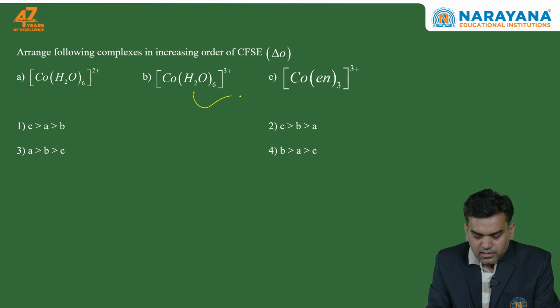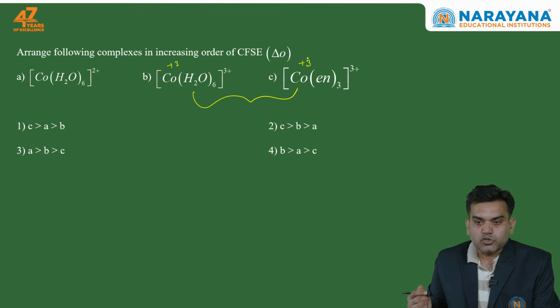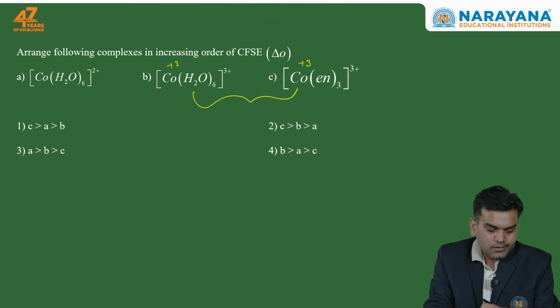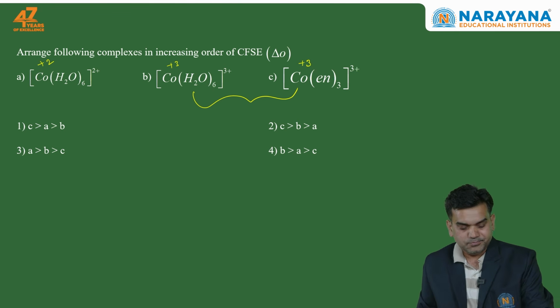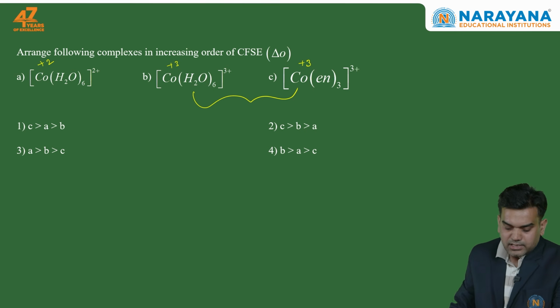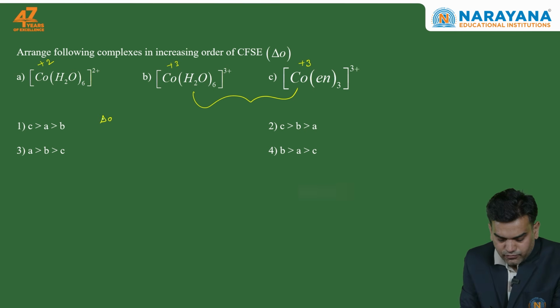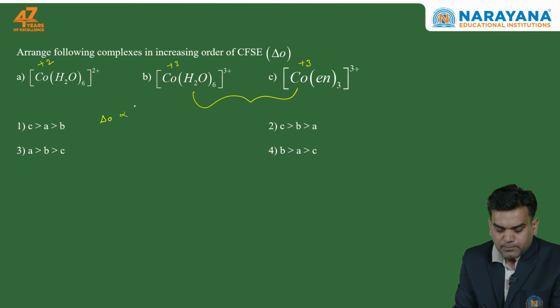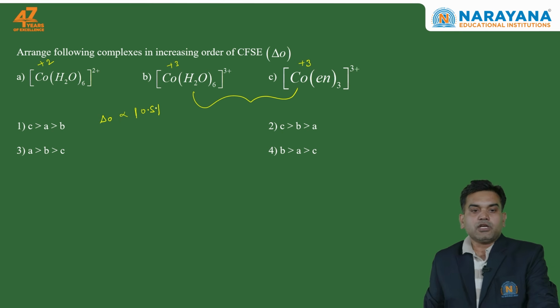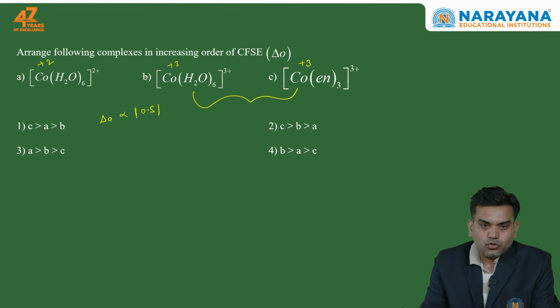So in B and C, cobalt is given in +3 oxidation state, but in option A, cobalt is in +2 oxidation state. Basically the CFSE, the delta O value, is directly proportional to the oxidation state of the central metal atom. So if the oxidation state is greater, it will have more CFSE.